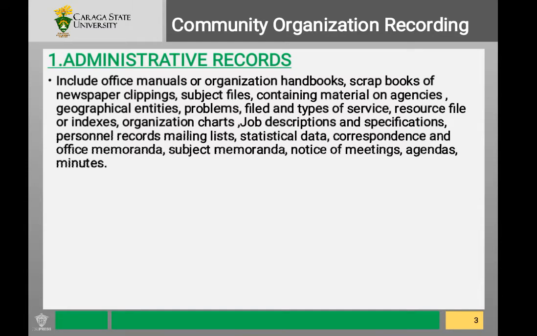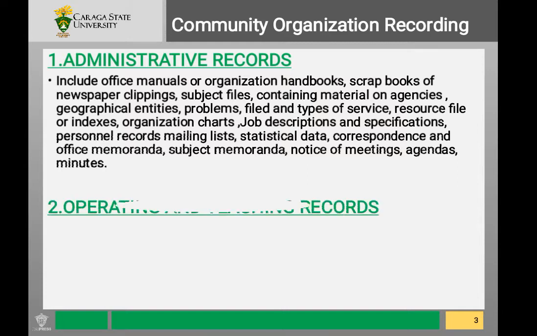These include office manuals or organization handbooks, scrapbooks of newspaper clippings, subject files containing material on agencies, geographical entities, problems, fields and types of service, resource files or indexes, organization charts, job descriptions and specifications, personnel records, mailing lists, statistical data, correspondence and office memoranda, subject memoranda, notices of meetings, agendas, and minutes.